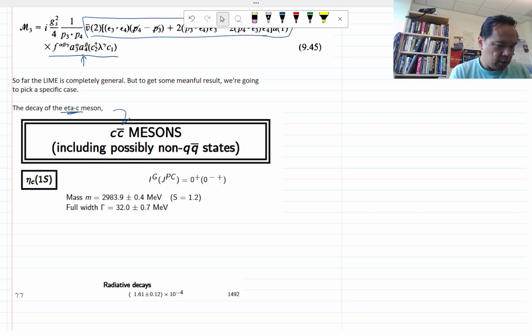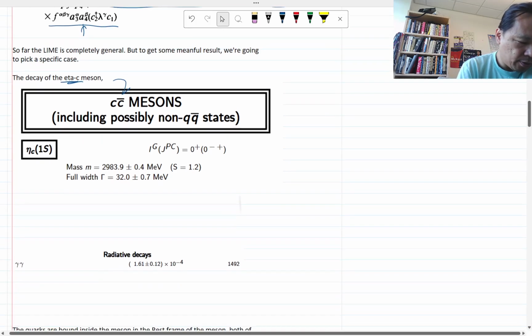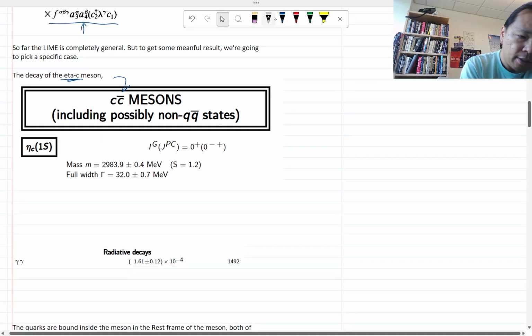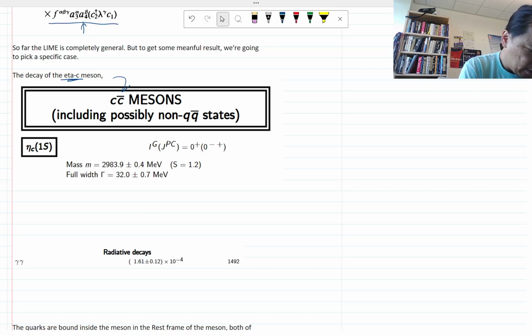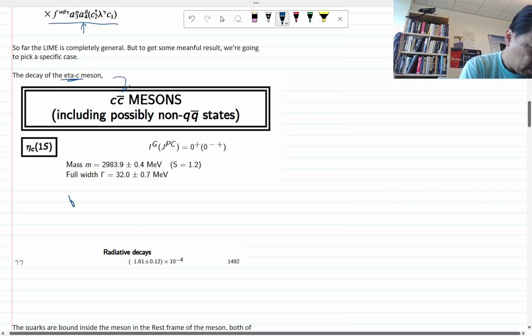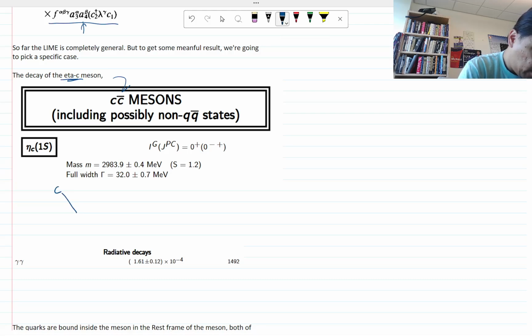So let's see, I think I did decide to save some room for this. So this decay is not a stable state, and therefore what you have, if I can write still, that'd be great, is a charm and then your anti-charm. They come in, they annihilate, and then it decays into this stuff.